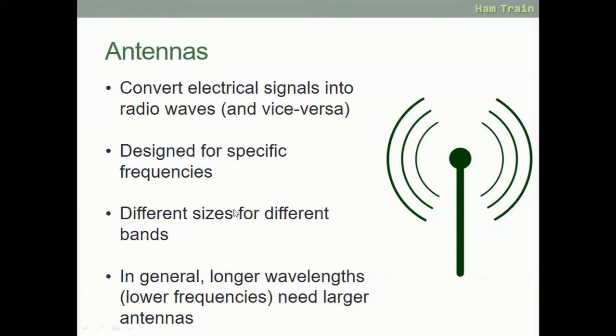So in general, the longer the wavelength or the lower the frequency, you need a larger antenna. Remember that wavelength and frequency are directly proportional. So if you have a long wavelength, you have a lower frequency, and the antenna is directly related to the wavelength that you're operating on.